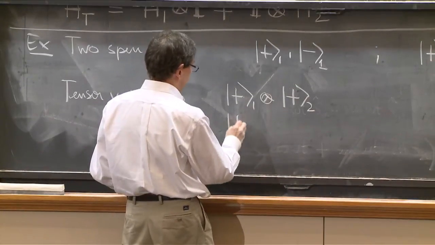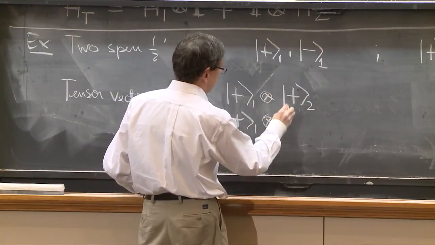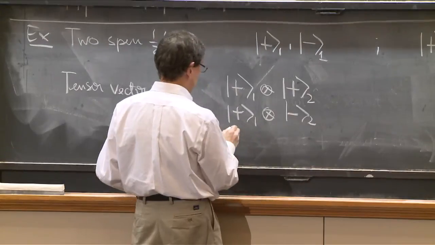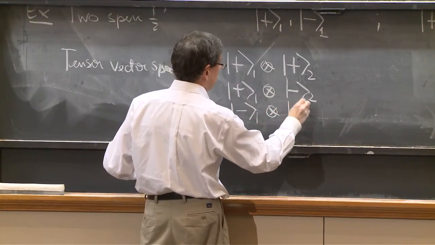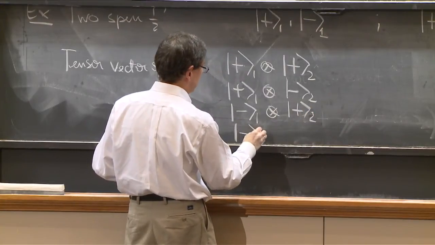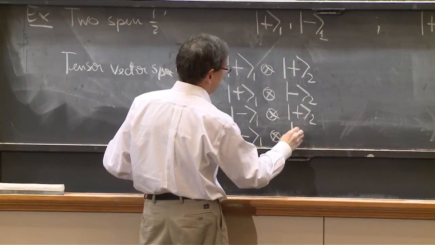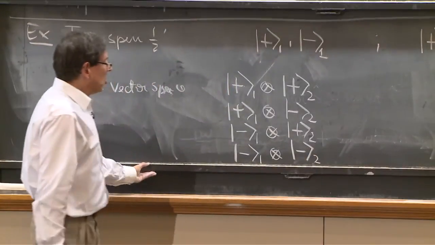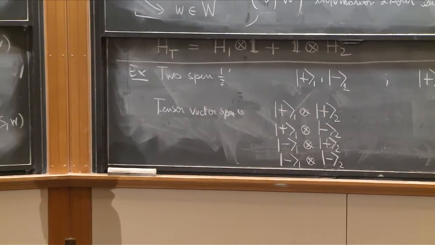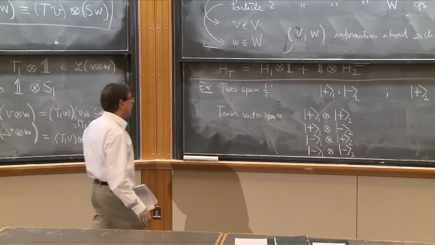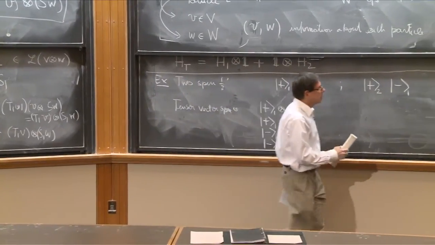You could have plus in 1, minus in 2, minus in 1, plus in 2, and minus in 1, minus in 2. So two spin states form a four-dimensional complex vector space. That's how you describe them, with those little products. And the most general state is the following.